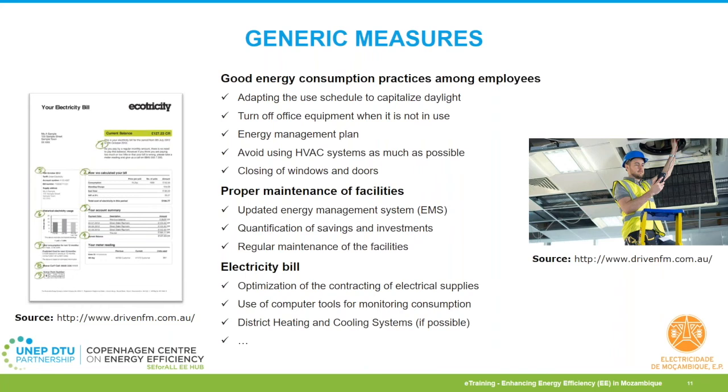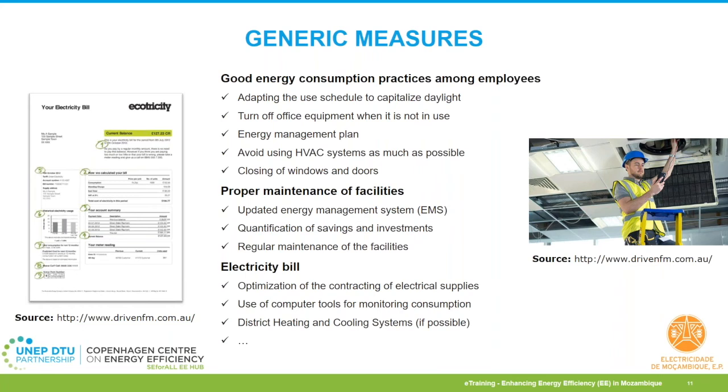Another very important element in the generic measures is the proper maintenance of the facility, which entails an up-to-date energy management system, the quantification of savings and investments in energy, along with regular maintenance of the facilities to make sure that the installations work at their best, avoiding any unnecessary inefficiencies.